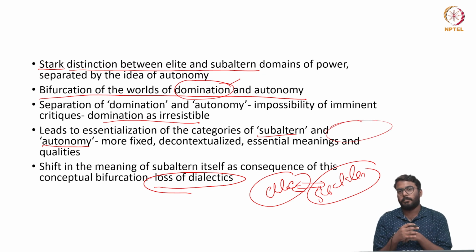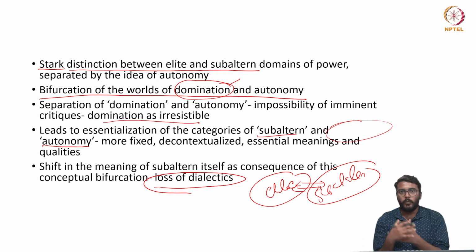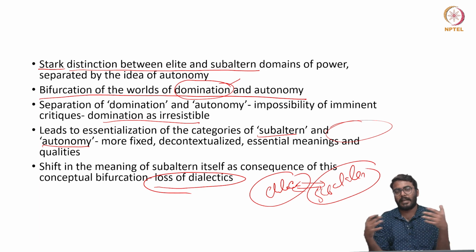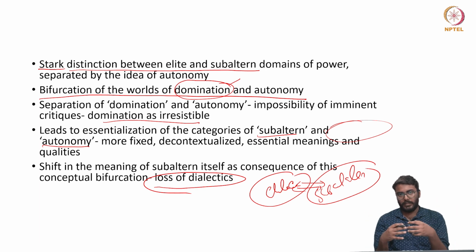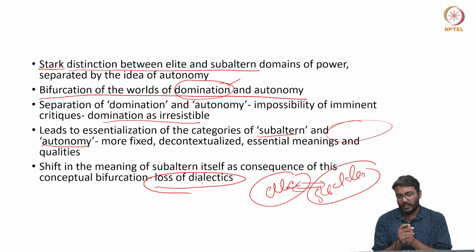So, in the conventional Marxist schema, every mode of production is constituted by two opposing forces, right? In the context of capitalism, it is the bourgeoisie and the proletariat, and there is a relation between them. History moves by the dialectical relation between these two opposing forces, right? But in the Subaltern Studies schema, Sumit Sarkar says once these categories are seen as separate essential categories, then there is no possibility of paying attention to the relation between them, which he calls a loss of dialectics, which is also very close to Javed Alam's critique.